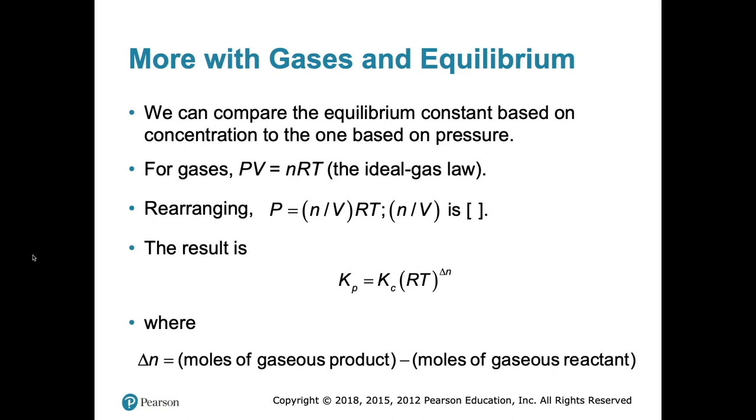It's the number of moles of the gas product minus the number of moles of the gas reactant, right? Because when a reaction is occurring, you're losing one and you're getting more of the other. So there's a change in the number of gas moles, and that's what the change in n is. Okay? That's good stuff.